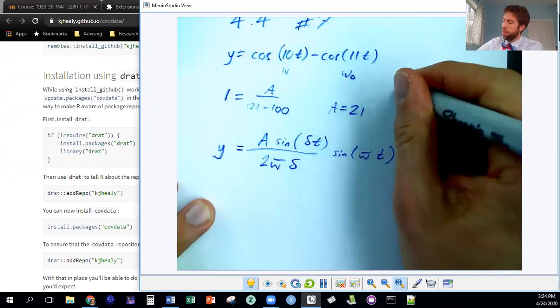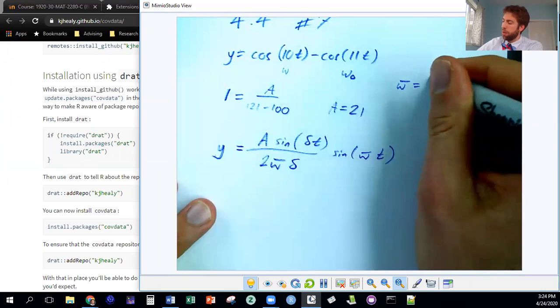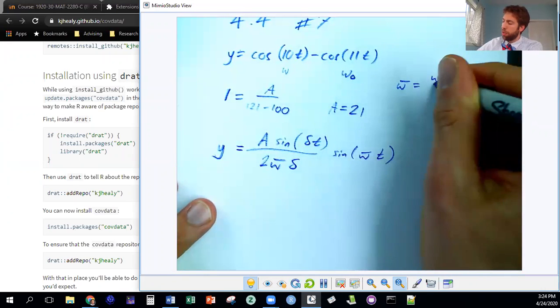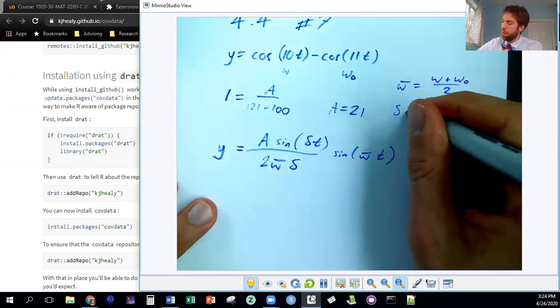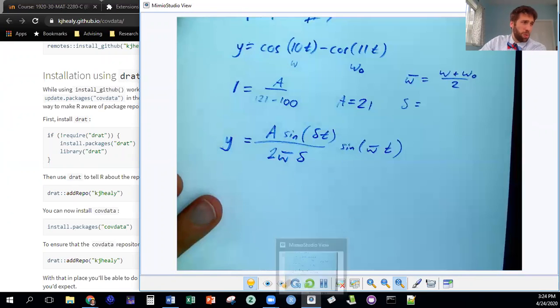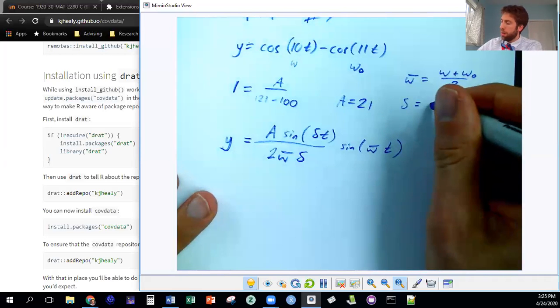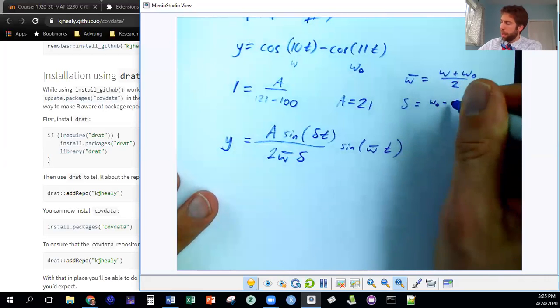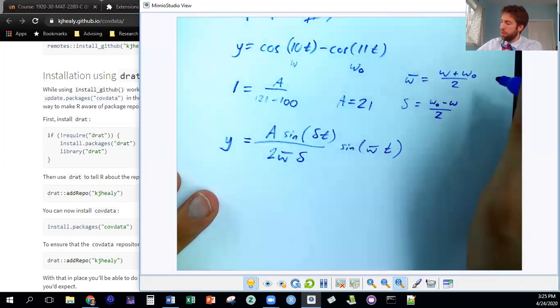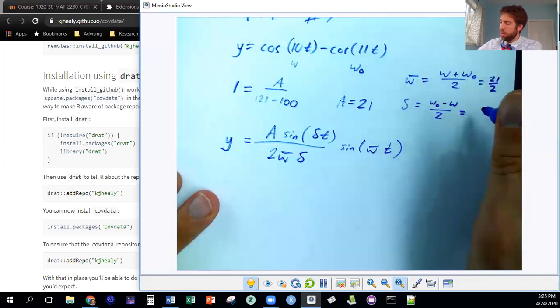Recall that omega bar is omega plus omega naught over 2, and delta is omega naught minus omega over 2. So this is 21 over 2, and this is 1/2.